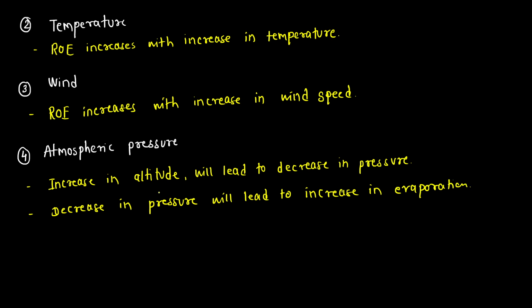So that means if we go from Earth's surface to higher altitude, then the rate of evaporation increases. Then what about the water quality? That is the next property, water quality.